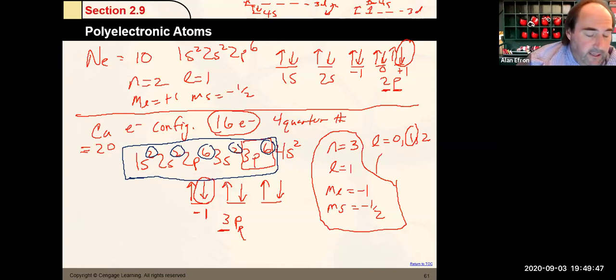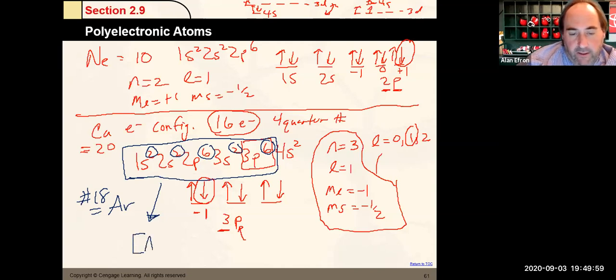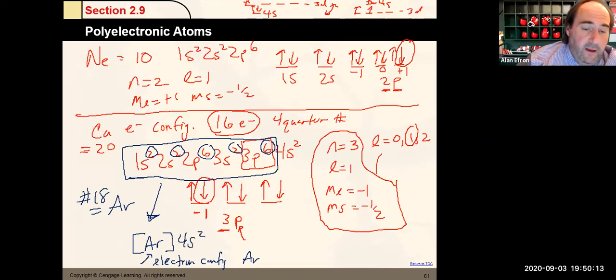If you go to the periodic table, number 18 is argon. And we can write a kind of shorthand for electron configuration where this would be argon in brackets. And that means the electron configuration for argon, and we would continue on with the rest of it, which would be 4s2.